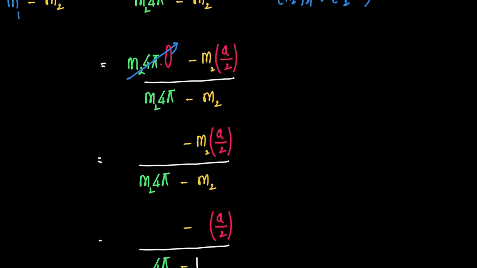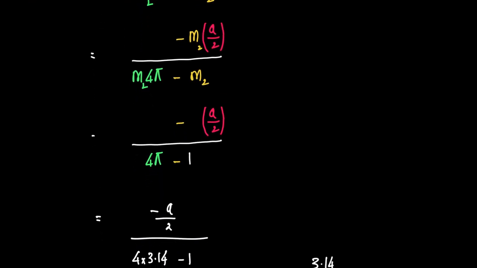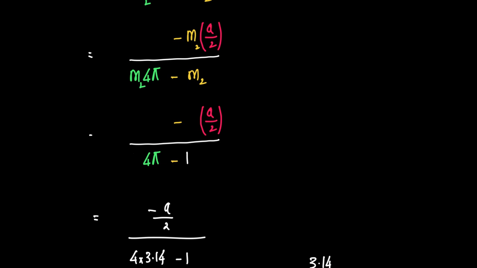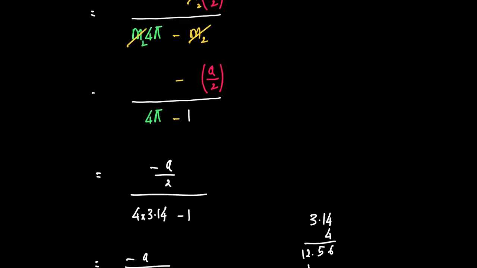All we have is minus m2 into x2, which is a by 2, by 4 pi m2 minus m2. I can divide the complete equation by m2, which gives minus a by 2 by 4 pi minus 1.